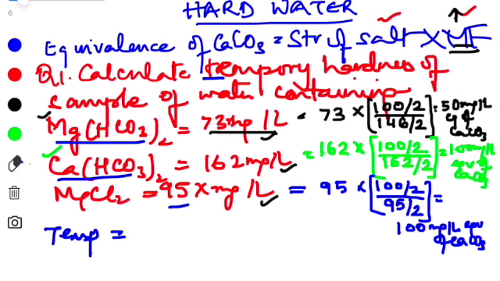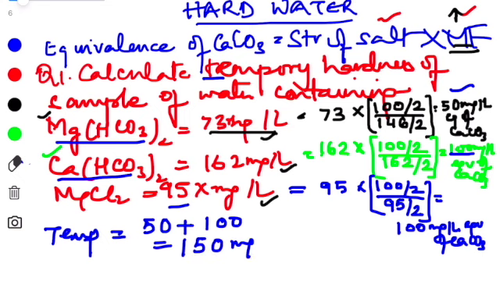These two are the salts. For magnesium bicarbonate, I got 50, so I write 50 over here. For calcium bicarbonate, I got 100, so I write 100 over here. So total temporary hardness is 150 milligrams per liter, or we can also write it as 150 ppm. Why? Because 1 milligram per liter is equal to 1 ppm. So this is my final answer for the question.